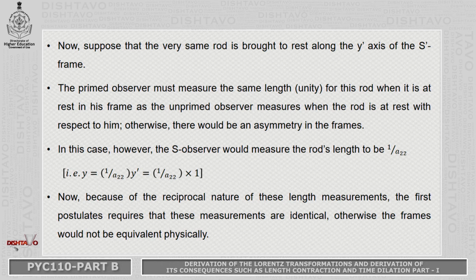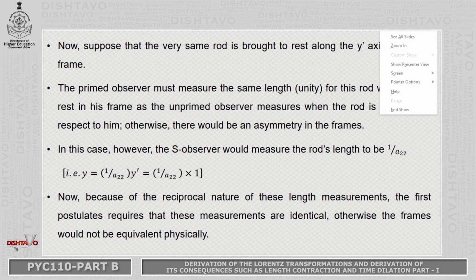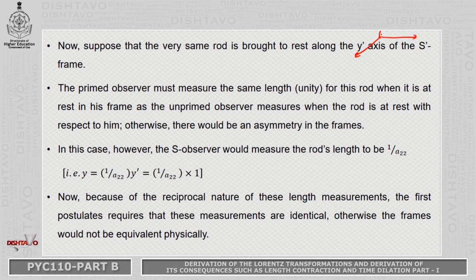Now suppose that the same rod is brought to rest along the y dash axis in the S dash frame. This is the S dash frame, with the y dash axis, x dash axis and z dash axis, moving with velocity v. And now we bring the rod here at y dash equal to 0 and y dash equal to 1.